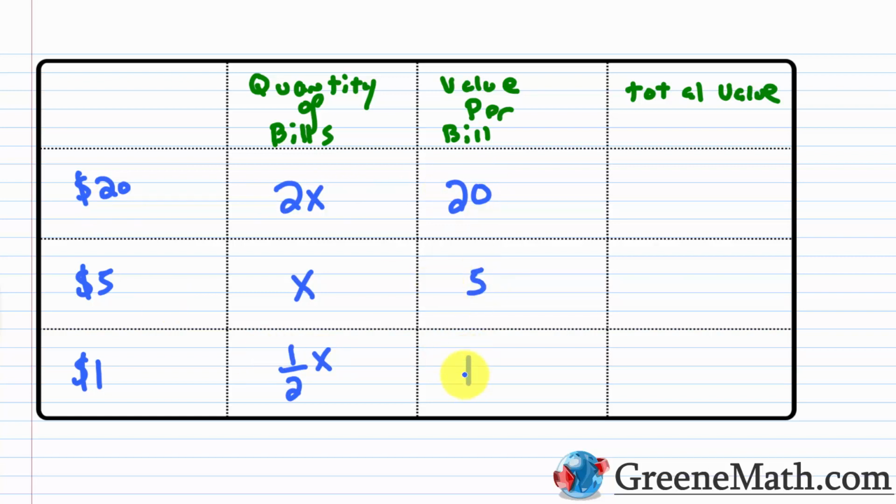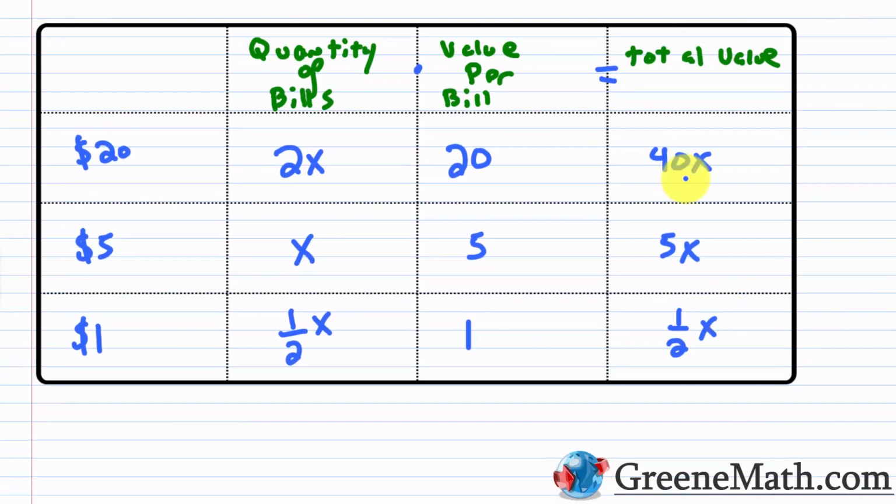Okay, that's pretty straightforward. Then to get the total value, I just multiply across, right? This times this will be equal to this, okay? So 2X times 20 would be 40X. X times 5 would be 5X. And then 1/2 X times 1 would be 1/2 X. So now I have something that I can set up an equation with.